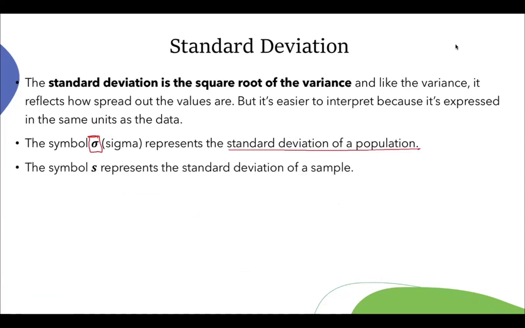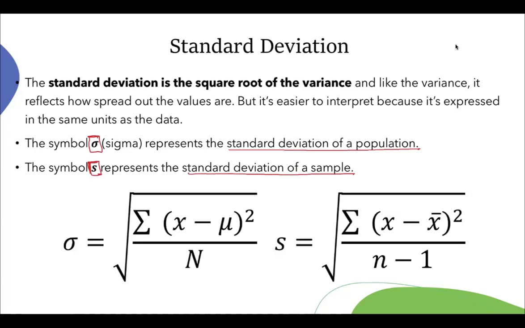Instead of s squared for the sample variance, we use s for the standard deviation of the sample. And these are the formulas. Essentially, it's the same formula as before, but it's just got this big square root in front of it. So we're undoing the squaring process that gives us those square units in the variance to take us back to the original units.